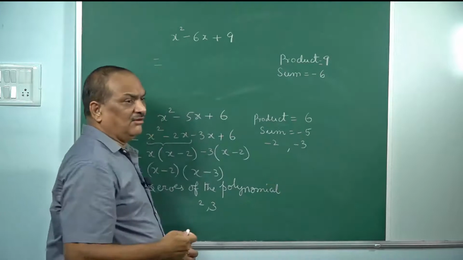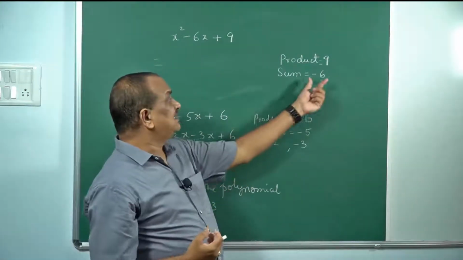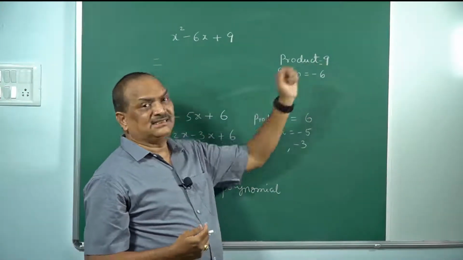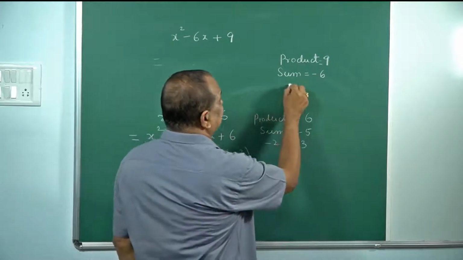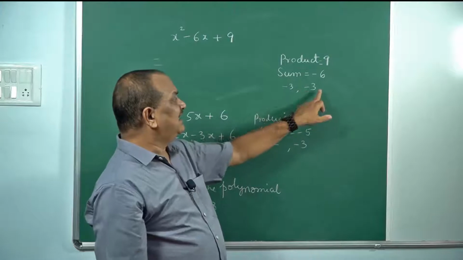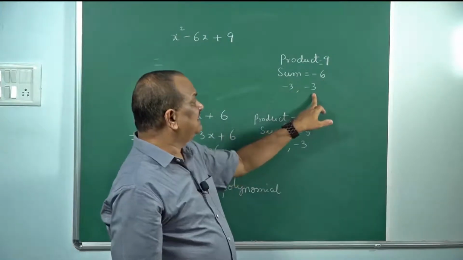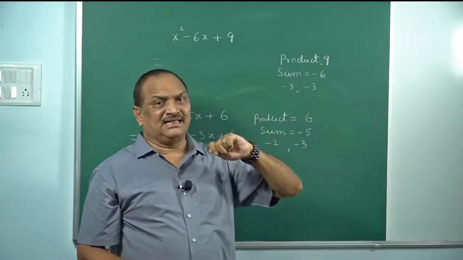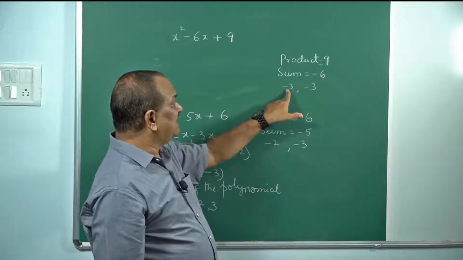Now you have to think of two numbers where the sum is minus 6 and product is 9. So I get easily minus 3 and minus 3, because if I add them I get minus 6, and if I multiply these two my product is 9. So the middle term is split like this.